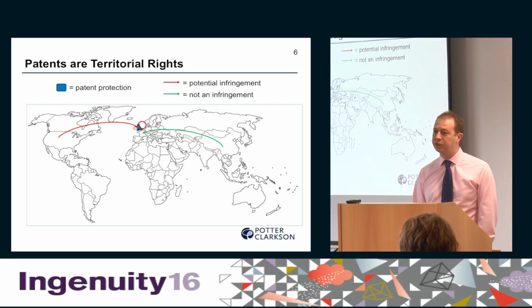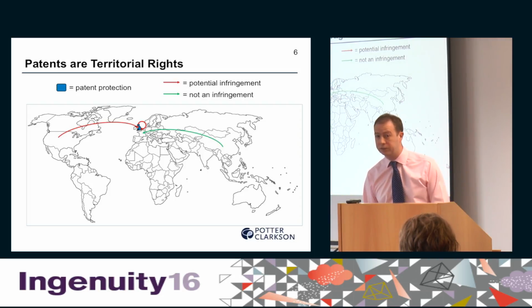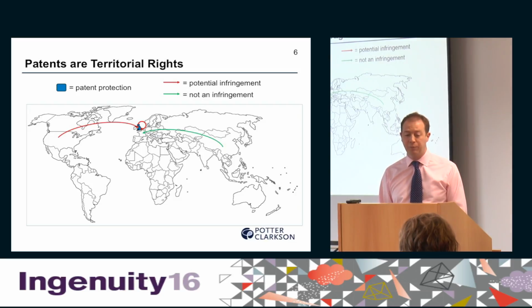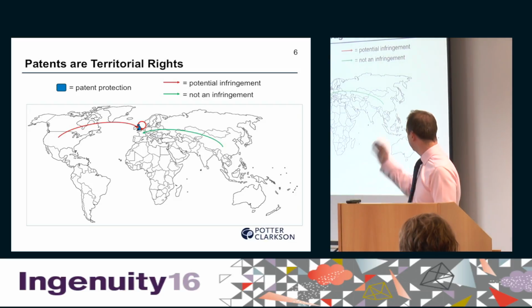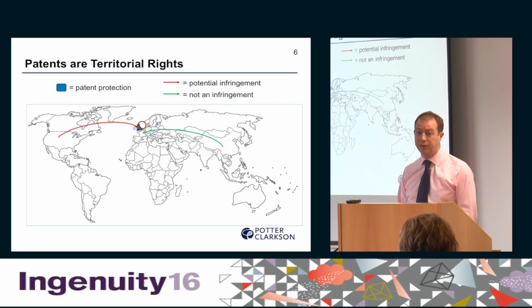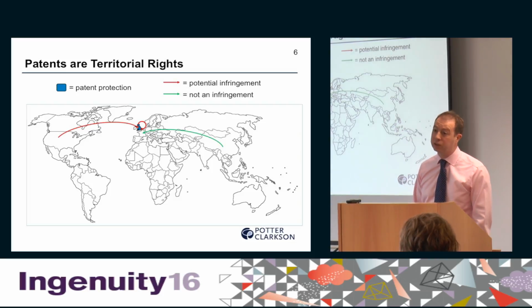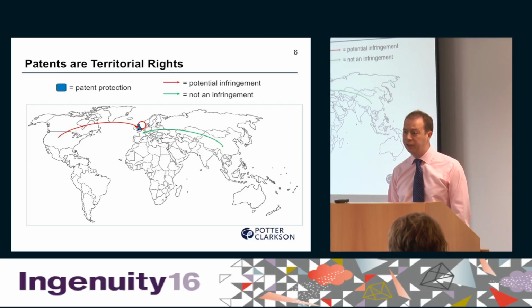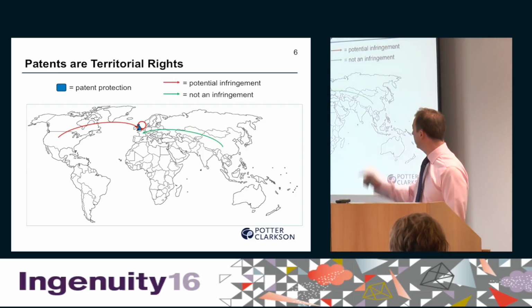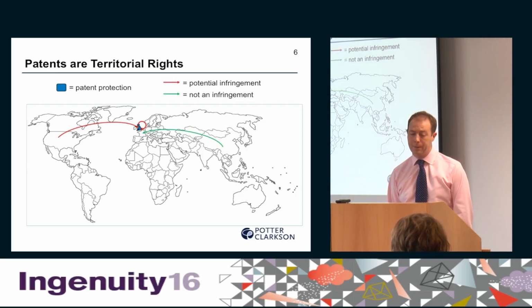And it's important to mention that patents are territorial rights. So if you only have patent protection in the UK, and the UK is the only country coloured in blue there, that will only enable you to stop people doing things in the UK. So you could potentially stop somebody from manufacturing in the UK and selling in the UK, which is the circular red arrow.